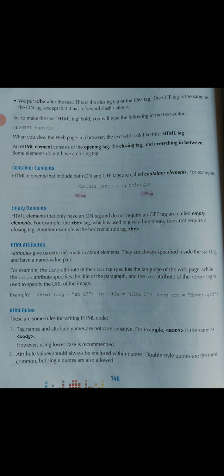Here src is represented as the URL of the image. What do we mean by URL? URL means uniform resource locator. It represents the URL of the image. Clear, students? This much is clear to everyone?